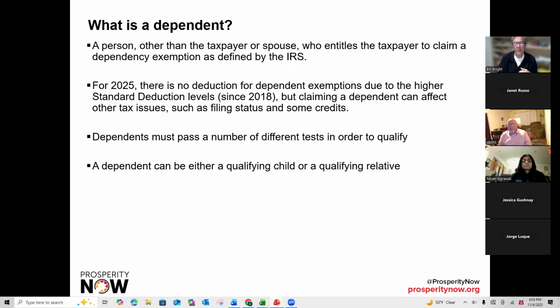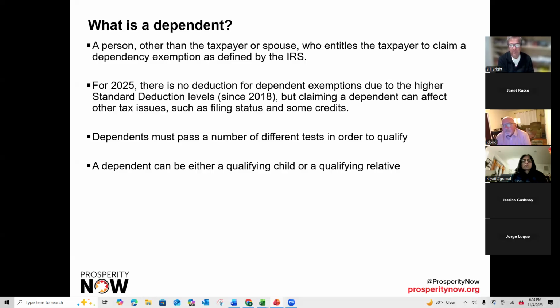The standard deduction went up dramatically, but the extra 4 grand that you would get to deduct from your income per dependent is gone. This makes it a lot more streamlined and makes a lot more sense, in my opinion. And it gives you more focus on how dependents can qualify the taxpayer for certain credits.